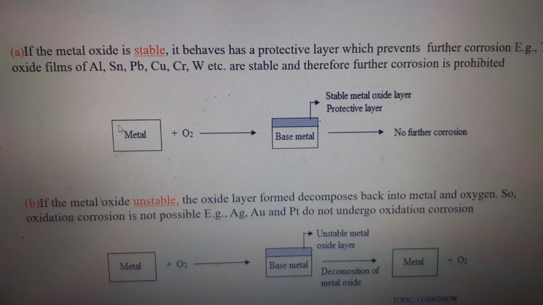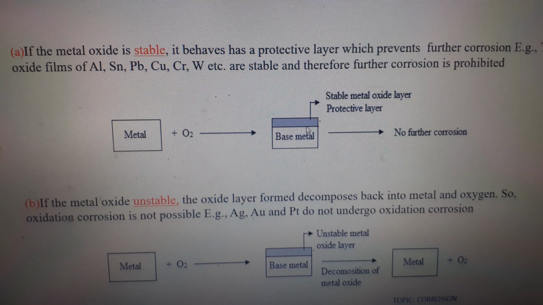See, suppose this is the metal aluminium, right? And when it comes into contact with oxygen, what will form? Aluminium oxide. Previously we said that the attack will take place on the surface. So when the surface comes into contact with oxygen, this layer is formed, and this layer is stable and non-porous.